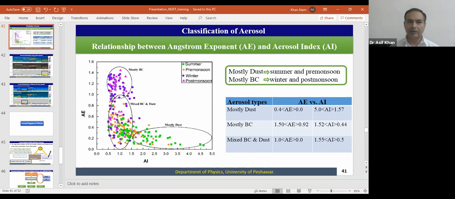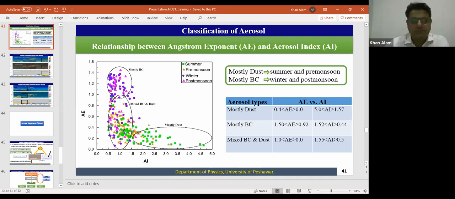Thank you very much for your question, Dr. Asif. If you look at this figure, we see that in winter we have a higher concentration of black carbon. During the winter time, if we look at the meteorological parameters, we have very low winds; the winds are almost calm, they are stagnant.